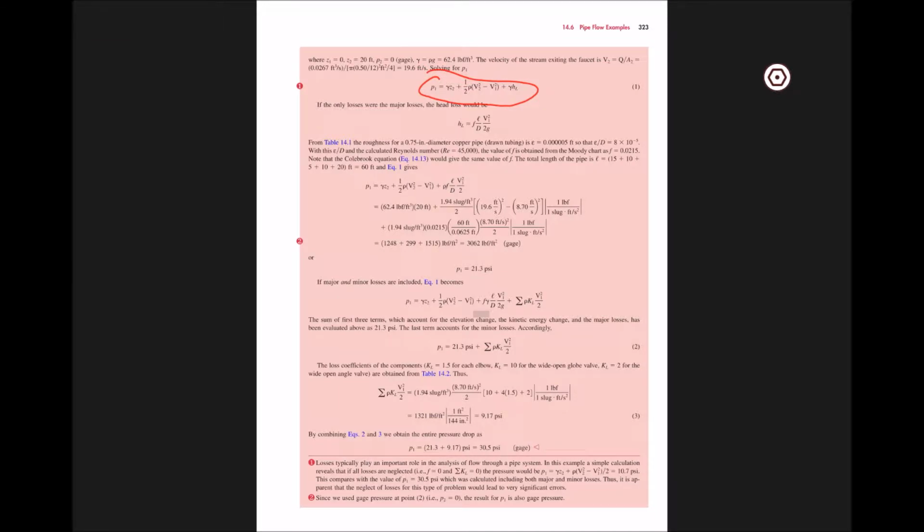Head losses, as I was saying, we consider first the major losses. Major losses are a function of the friction factor, so we need to find the friction factor. The pipe is actually drawn tubing.